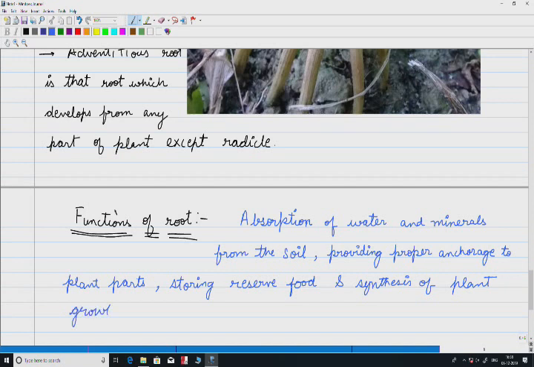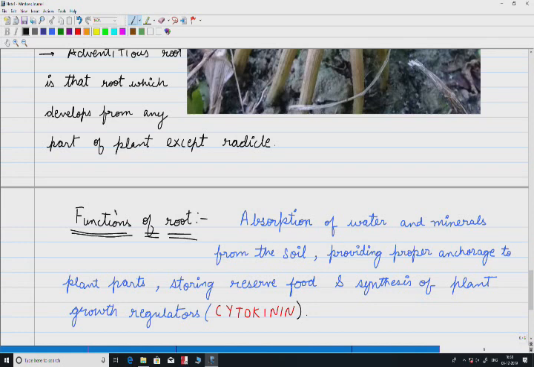Now in your NCERT it is not given which regulator. Answer is cytokinin. I am writing it here. When I teach you plant physiology, in the last chapter of plant physiology, plant growth regulators, there I will tell you that cytokinin hormone is produced by root.